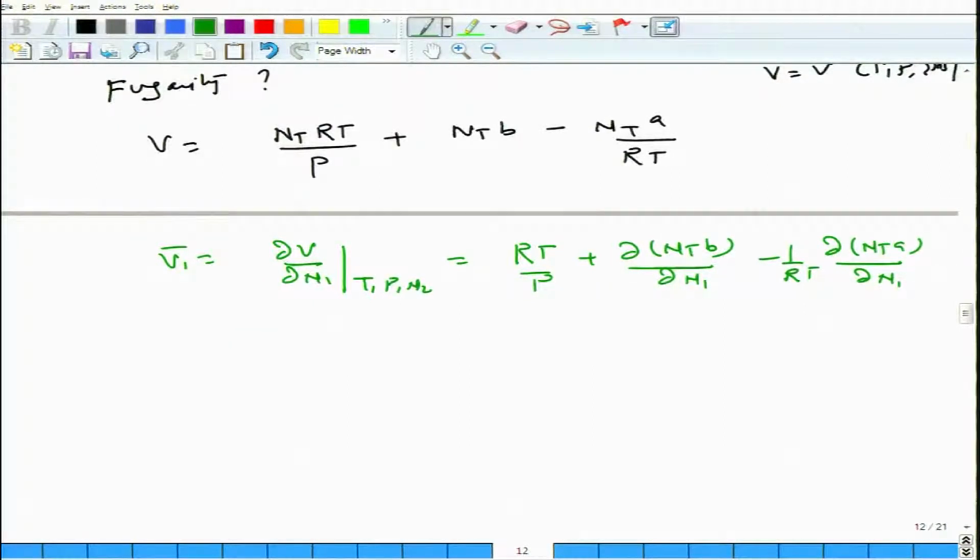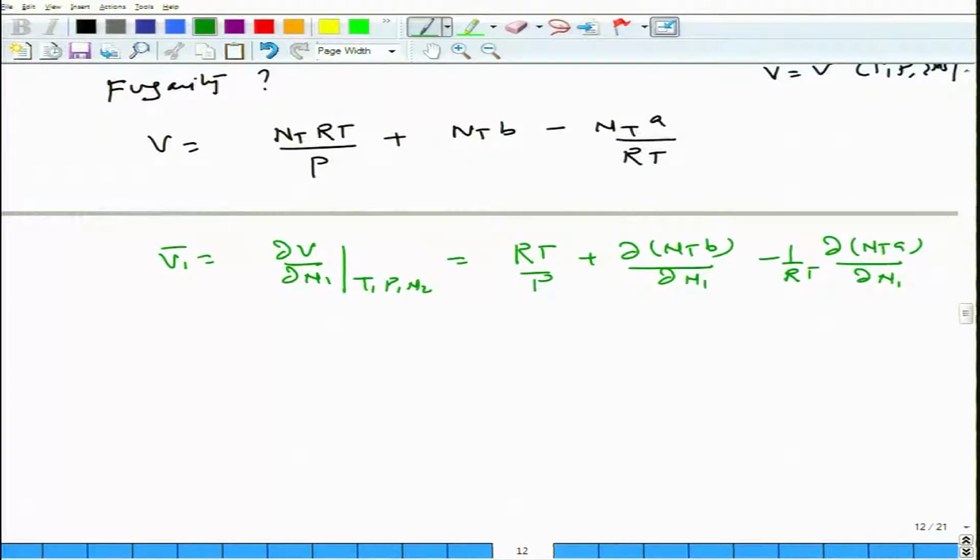Okay. The reason I did not just directly assume B to be constant is that B is a coefficient of the mixture equation of state, which depends on the composition, on the interaction parameter.